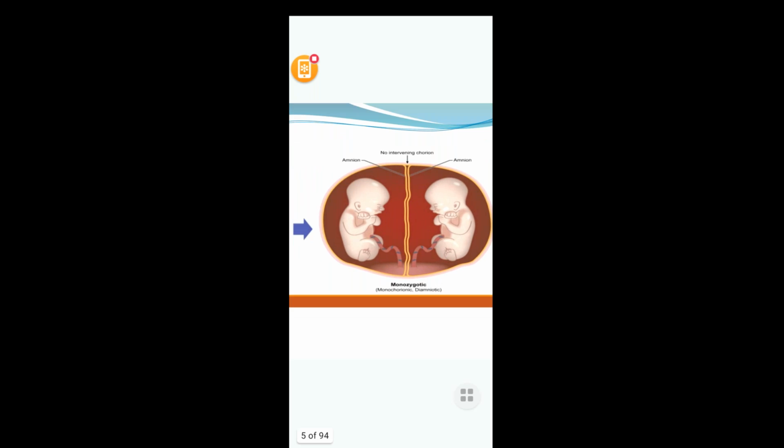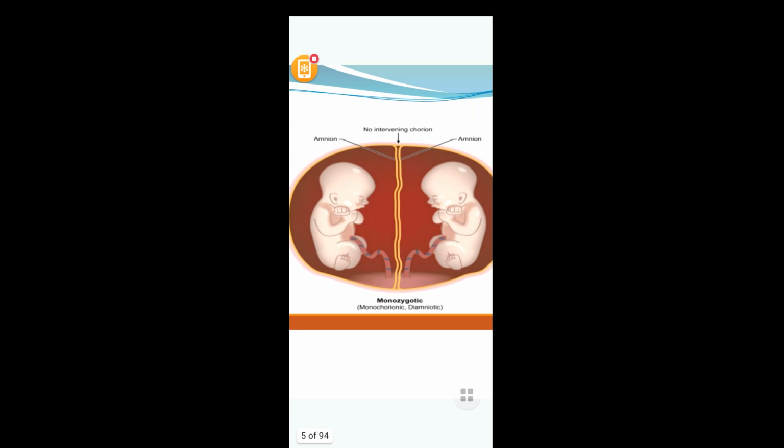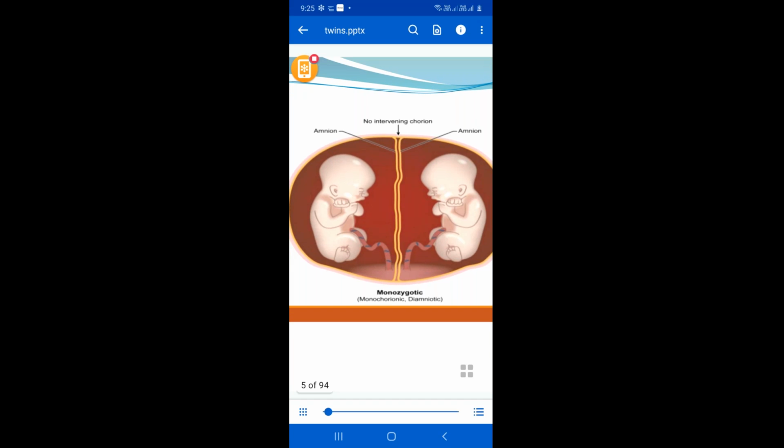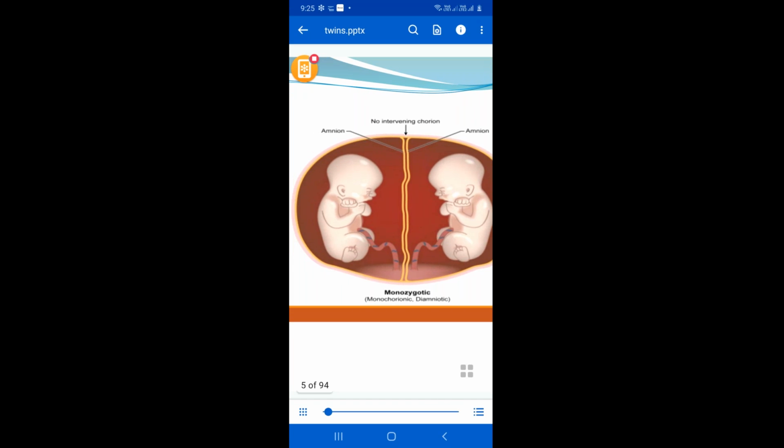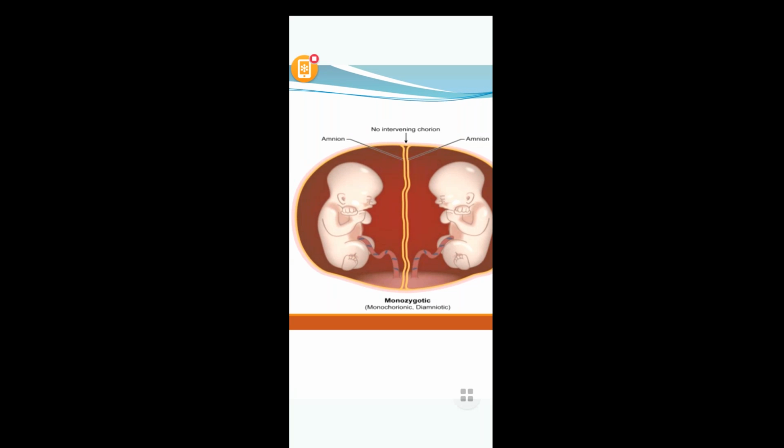See, this is a picture showing monochorionic diamniotic. Monochorionic is a single placenta, with two different cords. And diamniotic, amniotic is the sac in which the babies are. There are two yellow lines in between with an intervening chorion.